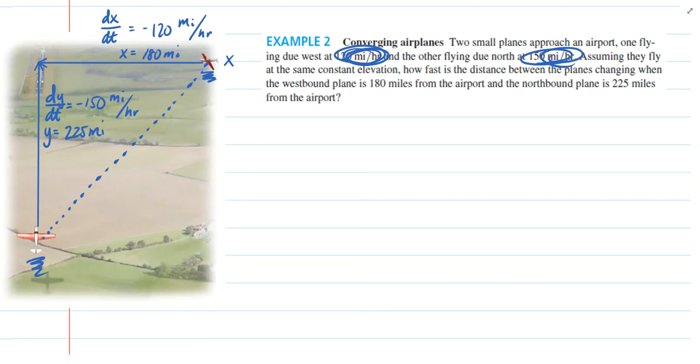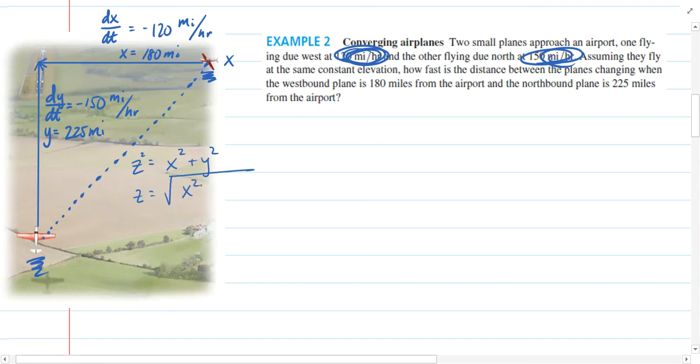Now the distance, z, is easy to calculate. We have the Pythagorean equation that can help us there. z squared, we know, is equal to x squared plus y squared, or z by itself is the square root of x squared plus y squared.